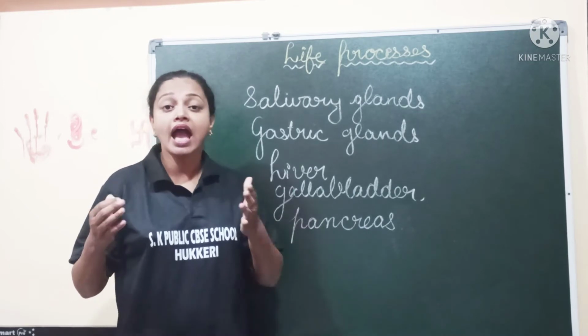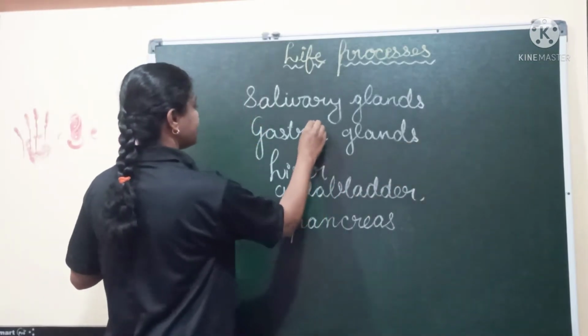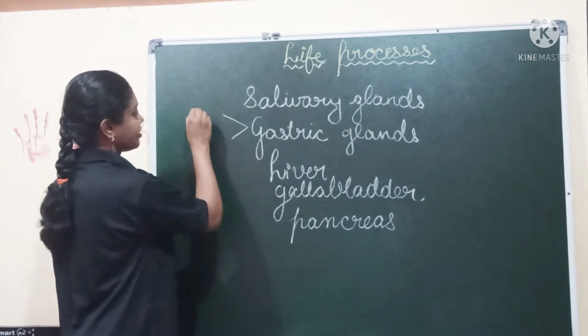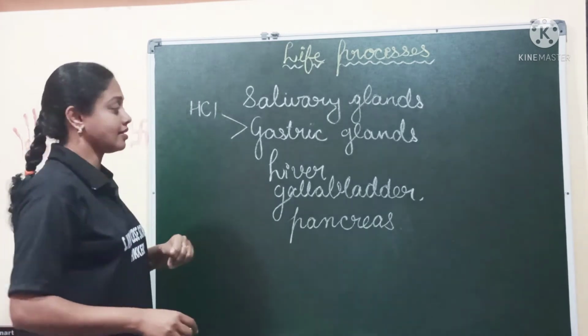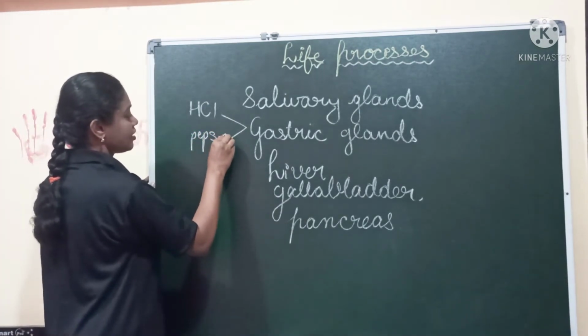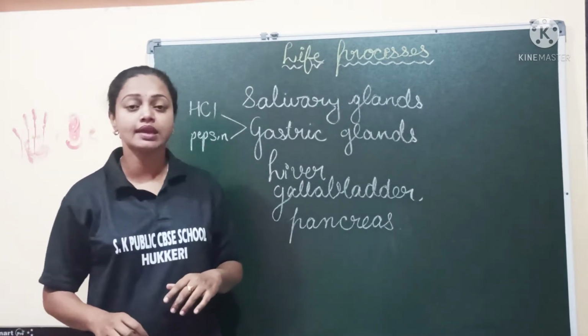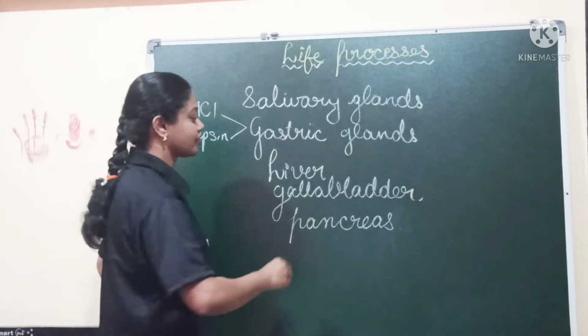Gastric glands secrete hydrochloric acid and the pepsin enzyme. Now the liver secretes bile juice.